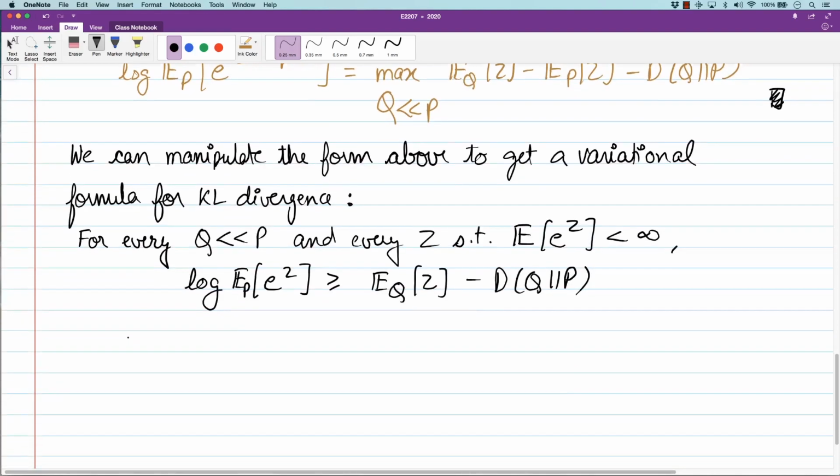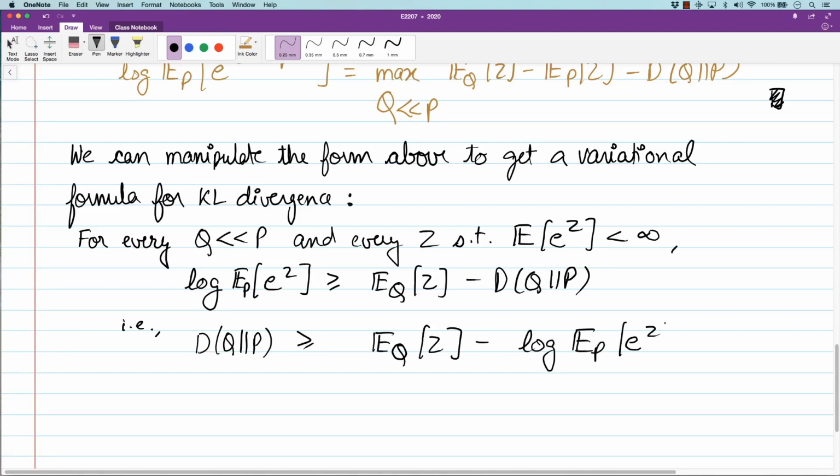So that is, this divergence between Q and P exceeds the expected value under Q of this random variable Z minus log expected value over P of e to the power Z. And this holds for every Z.